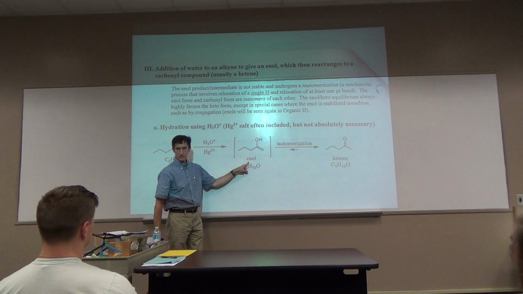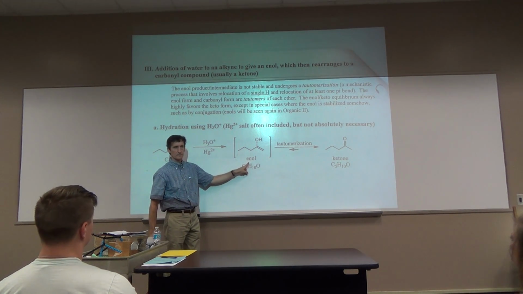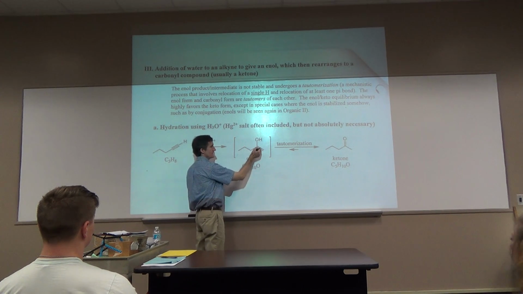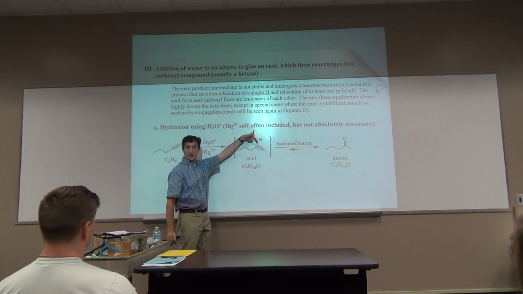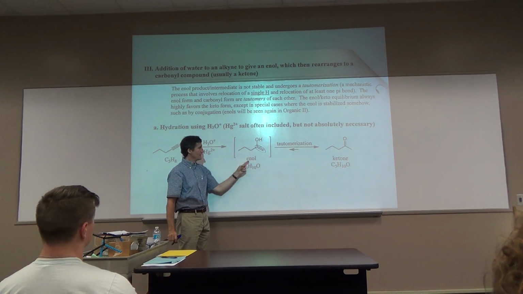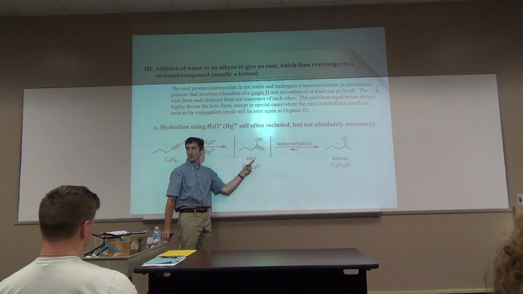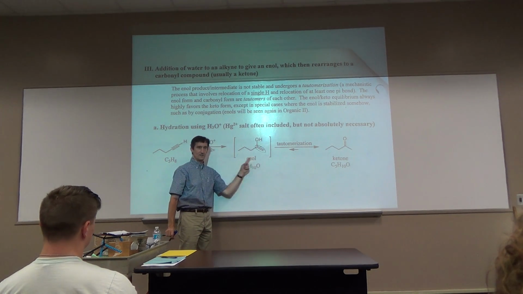It's called an enol. Because it's an alkene that has an ol on it, an OH on it. So it's an alkene with an alcohol on it, and it's called an enol.